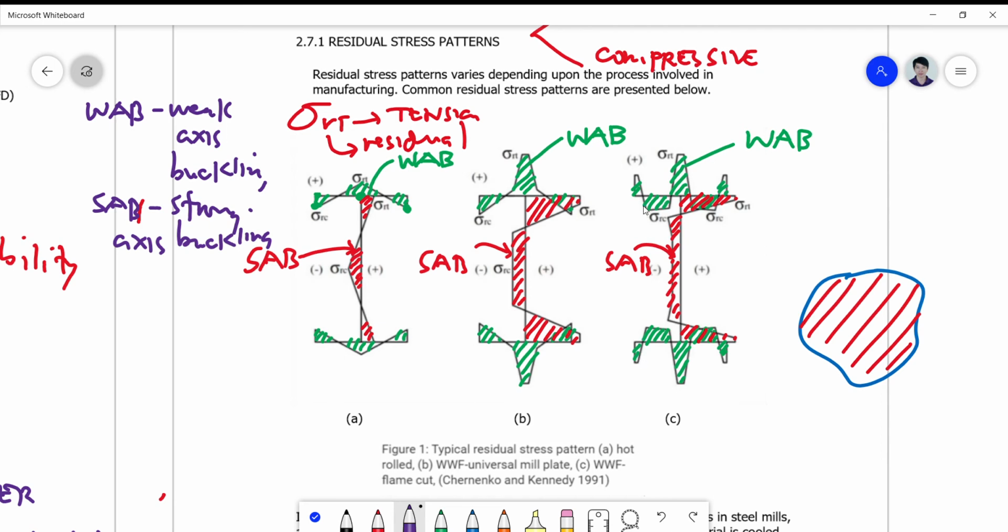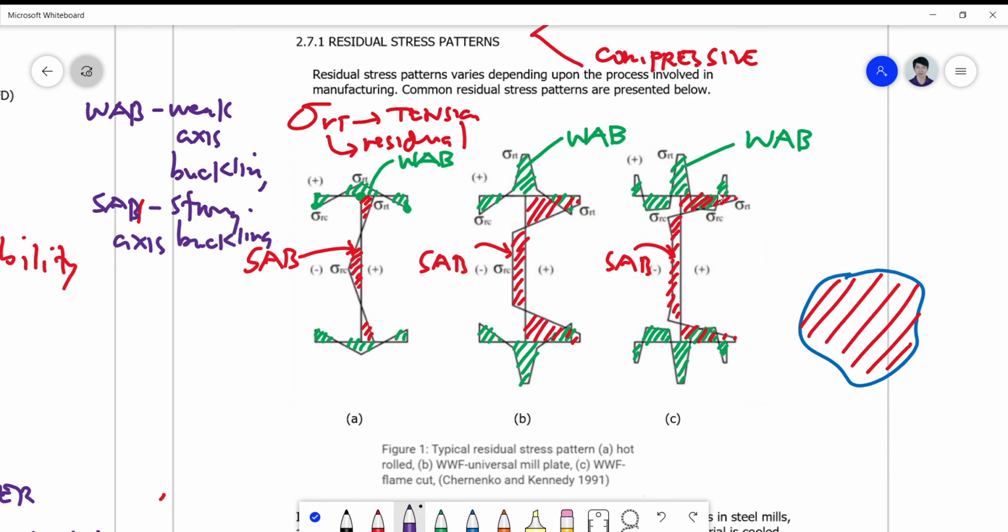And also take note of the increase in the tension or residual stress when you are using a welded process, and also the change in the stress type at the tip of the flanges when you are using a flame cut wide flange section.